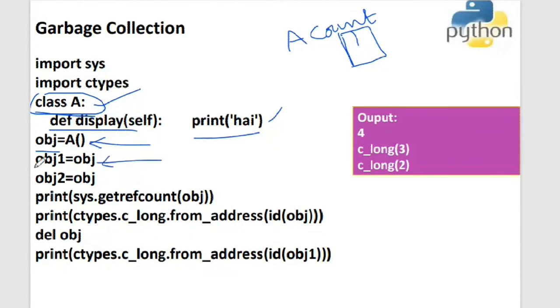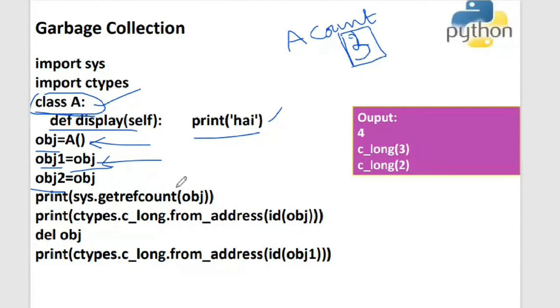So obj1 is equal to obj, meaning that obj1 is also pointing to the object. How many objects have I created? 2. As soon as an object is created, the counter keeps incrementing. Then here again I have created one more object, which is obj2. So now I have 3 references which are pointing to the same object of the class A.